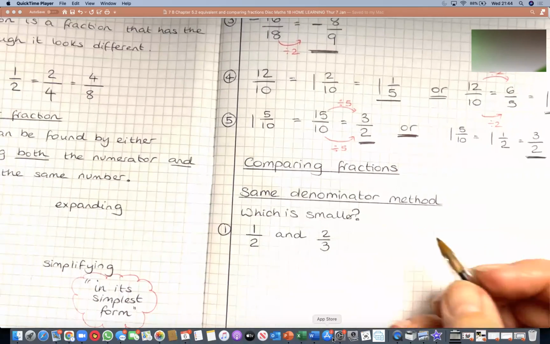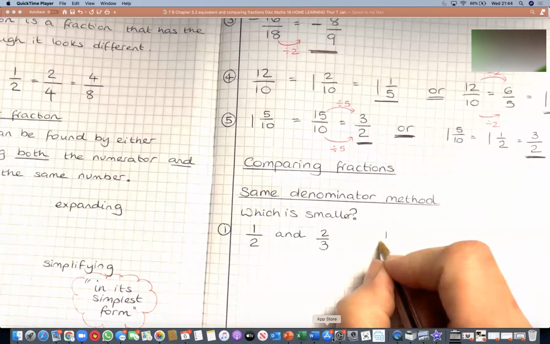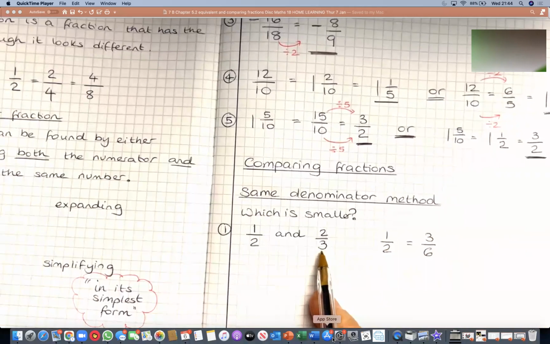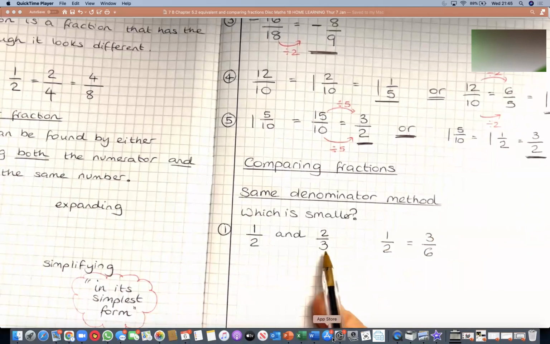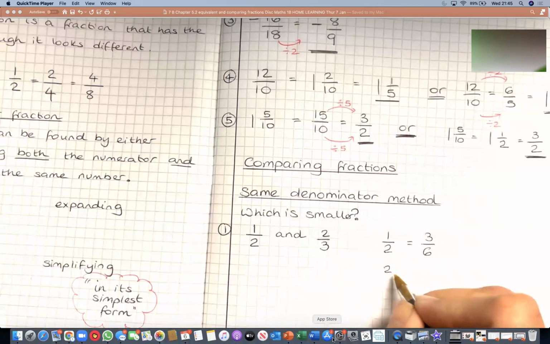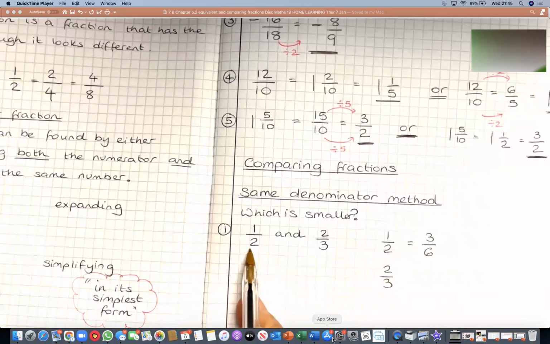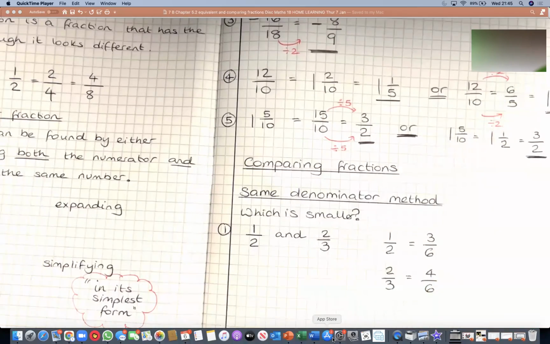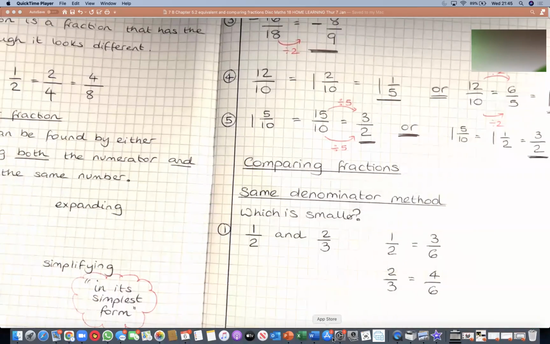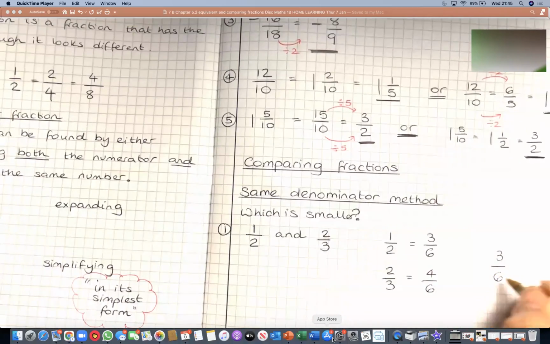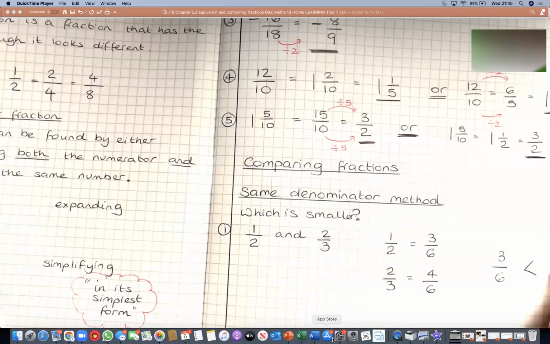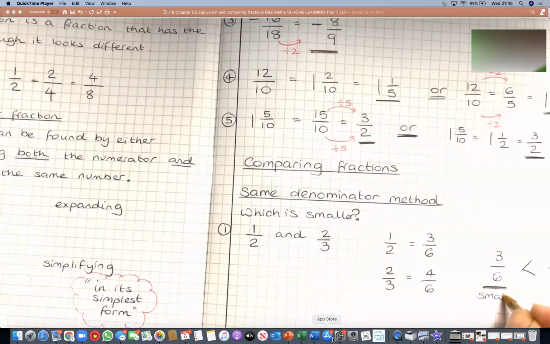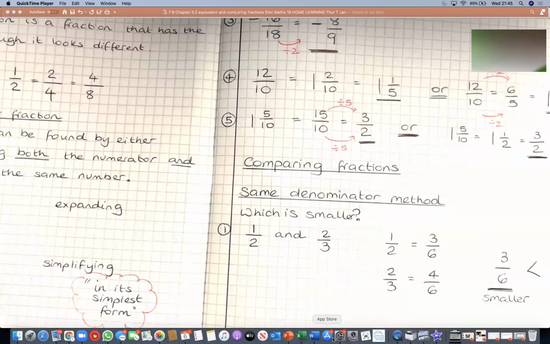If I do that, then I'm comparing 1/2, which becomes 3/6 because I'm multiplying the numerator and denominator by 3, and 2/3, this time I'm multiplying by 2, is an equivalent fraction of 4/6. I can therefore see that 3/6 is less than 4/6. So 3/6 is the smaller of the two fractions.